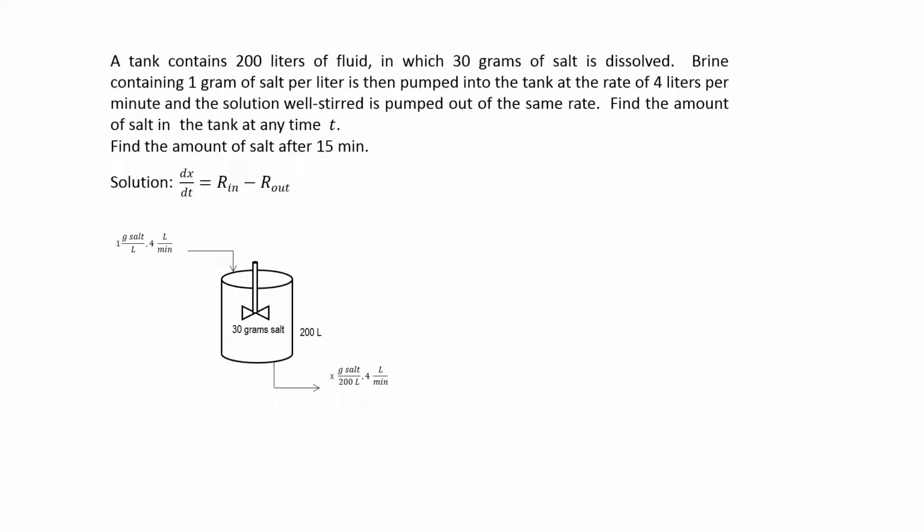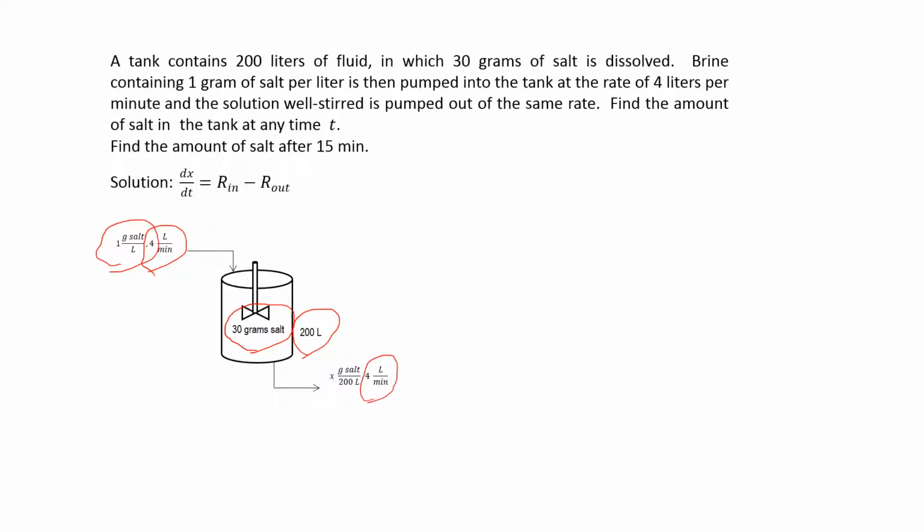Now you see that initially there's 30 grams of salt, containing 200 liters. What is coming in is 4 liters per minute with a concentration of 1 gram per liter of salt, and what is coming out is 4 liters per minute.